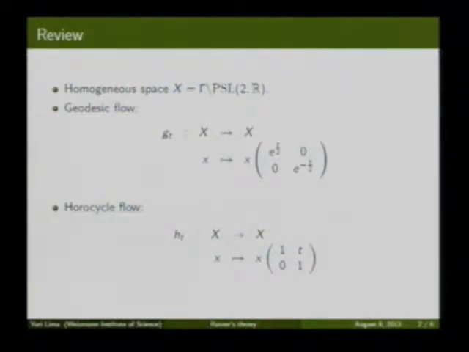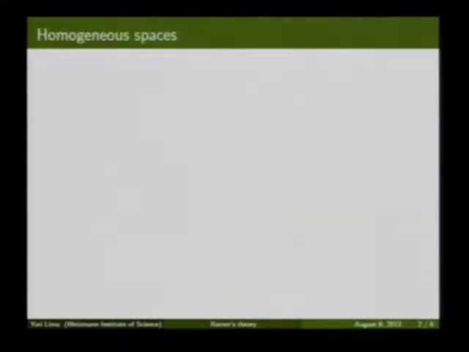So the idea of yesterday was to try to abstract this situation to a general situation, which was to define flows on homogeneous spaces. So what are homogeneous spaces? They are quotients, G mod gamma, where G is a Lie group and gamma is a lattice. Okay? In this situation, we can do ergodic theory because, as I said, the definition of a lattice tells you that you have a G invariant probability measure.